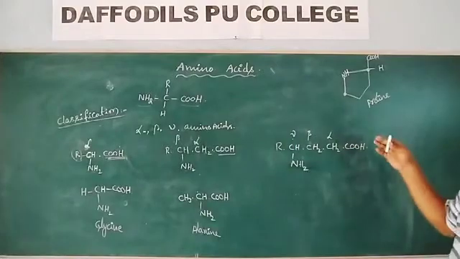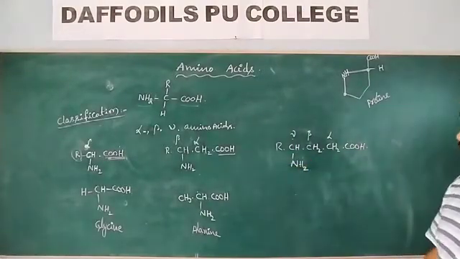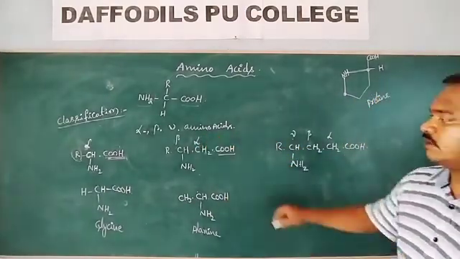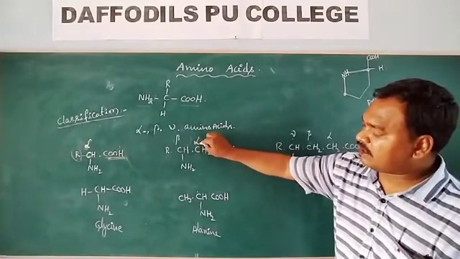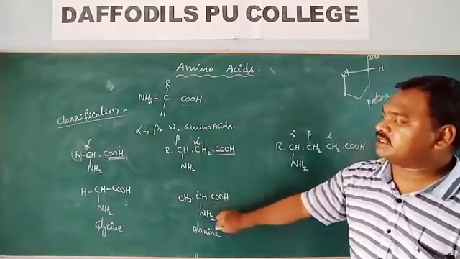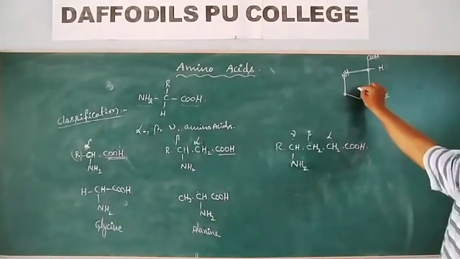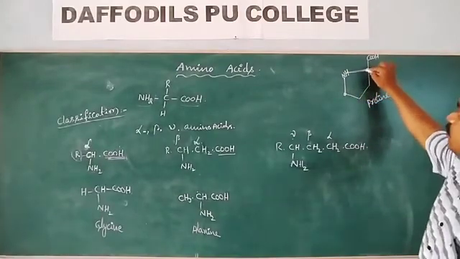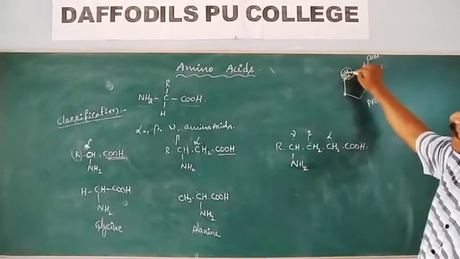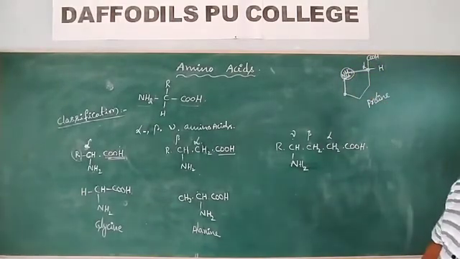So most of the amino acids are alpha amino acids. These alpha amino acids contain primary amines, but only one alpha amino acid contains the secondary amine. This is alpha carbon, so this amine group is attached to it, but this amine is a secondary amine.